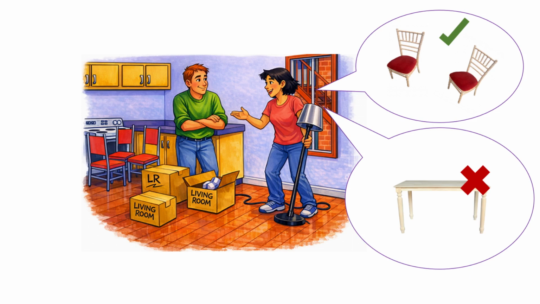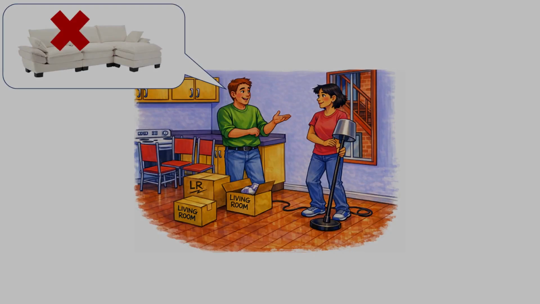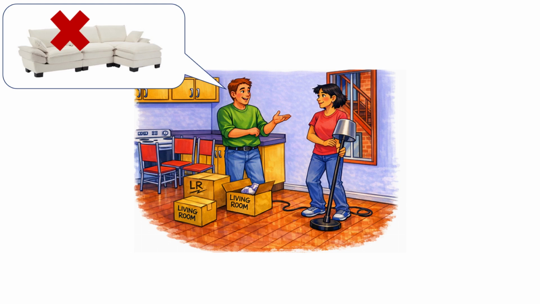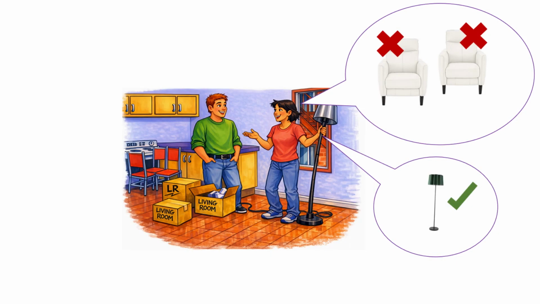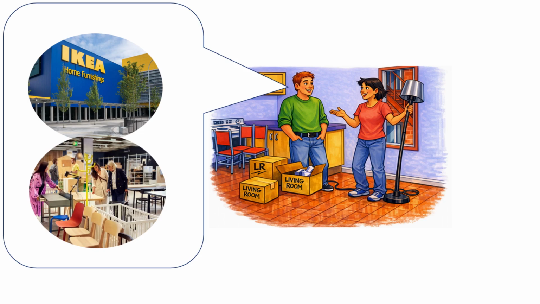There are some chairs in the kitchen, but there isn't a table. And there's no sofa here in the living room. And there aren't any chairs. There's only this lamp. So let's go shopping next weekend.